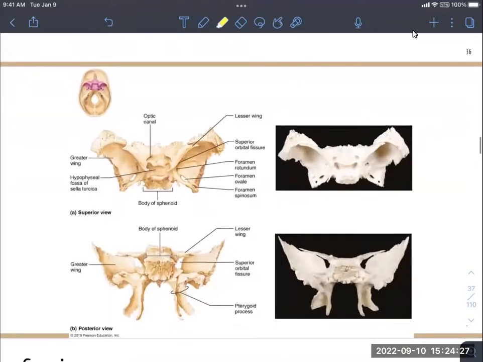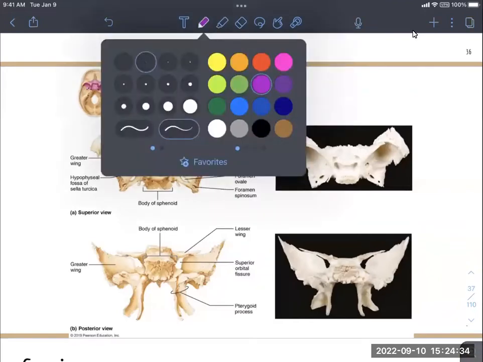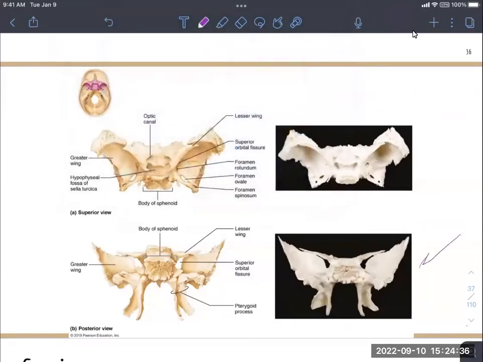We do have this bone in the lab as well. Looking at it from this angle right here, it does kind of look like a bat. But as you see, we have our greater wings. They're the big ones. The lesser wings, they're the smaller ones.